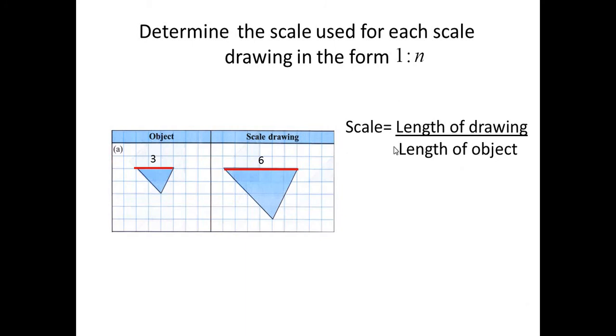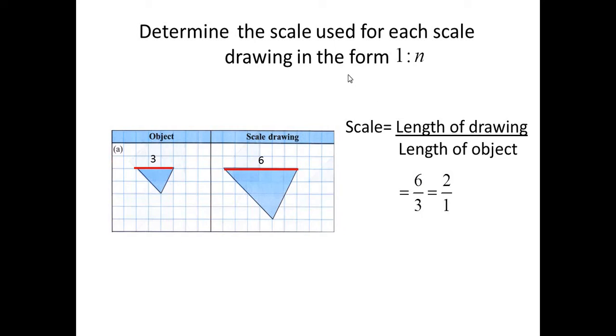Back to our formula: scale equals length of drawing over length of object. So you have to search for drawing over object. We're going to have 6/3, which is 2/1 after simplifying.